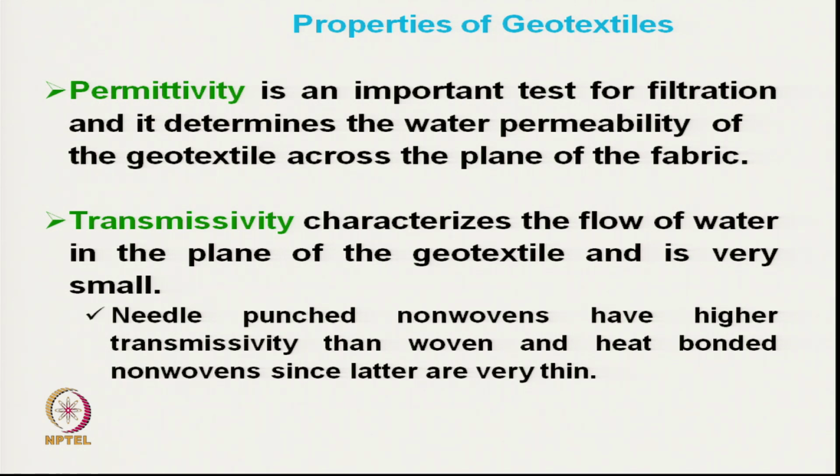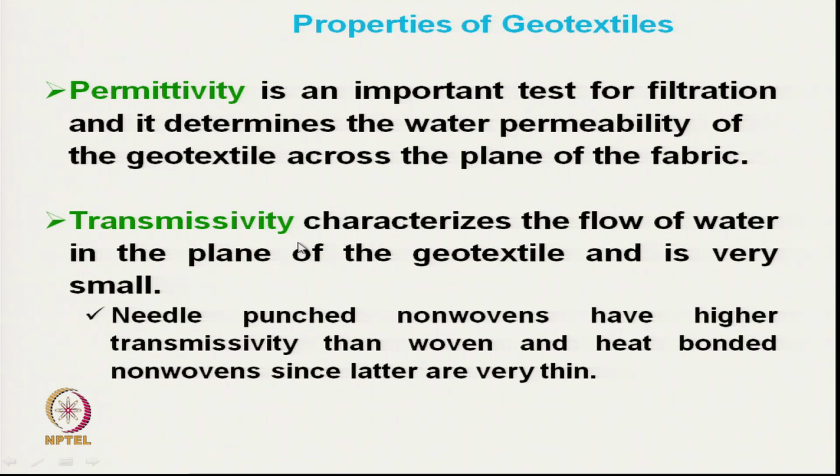Permittivity is the characteristic which is important for filtration application, or the amount of water or fluid passing across the plane. Transmissivity is the characteristic which is used for drainage application.